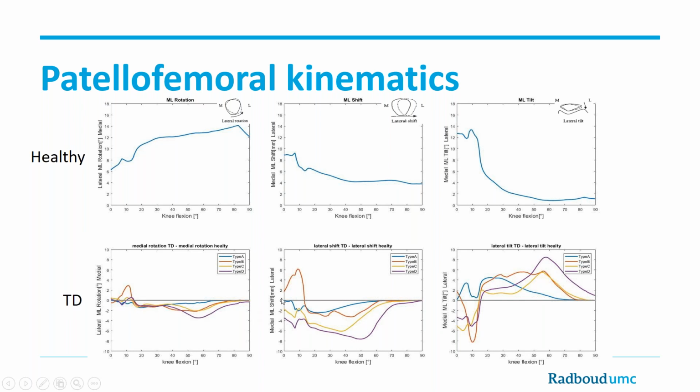And generally, we see that type B and D produce the most remarkable differences relative to the healthy case. So this gives us clues also on the effect of different trochlear dysplasia on the instability of the patellofemoral joint.